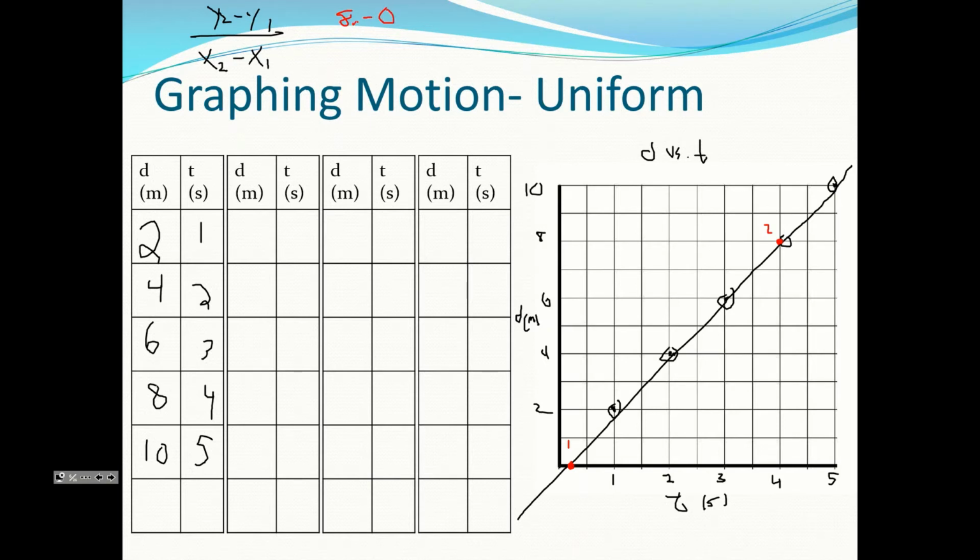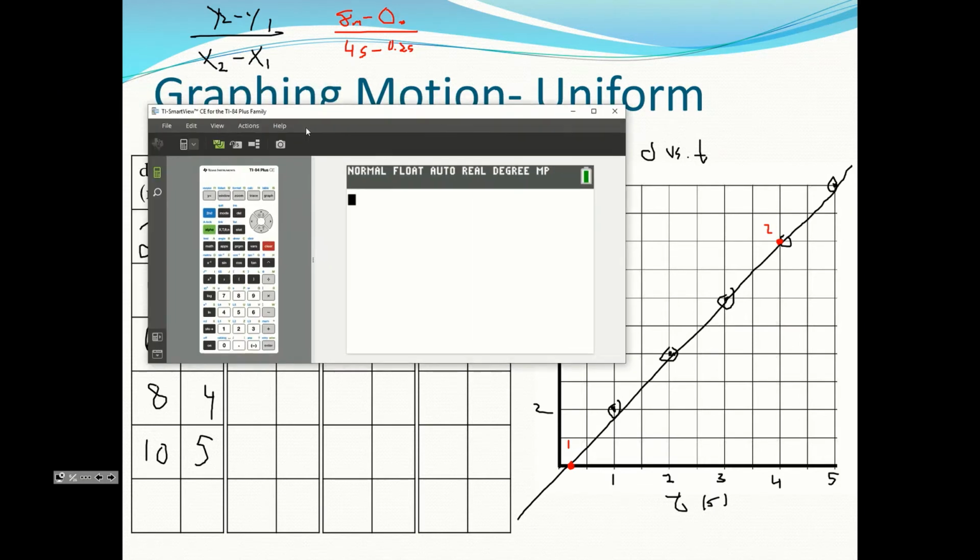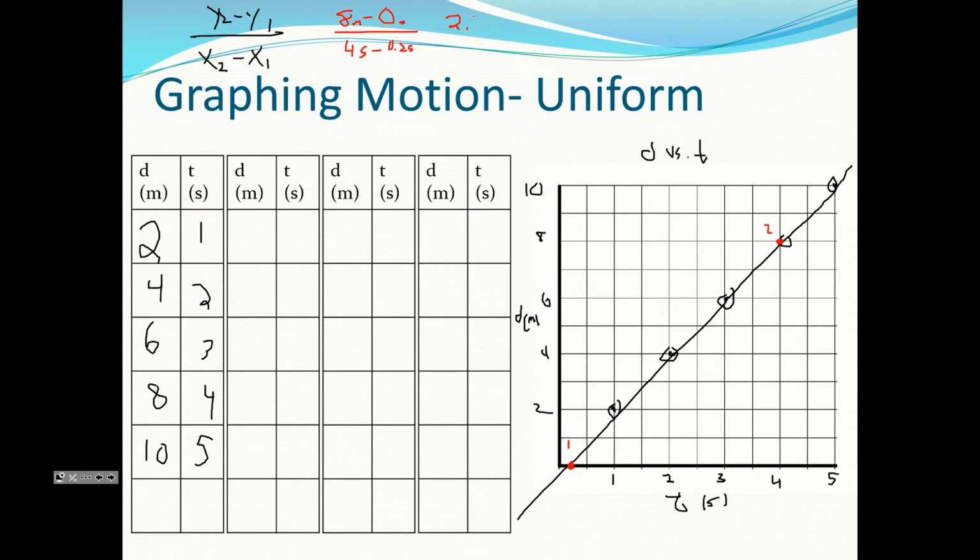And we should put our units in there. Meters and meters, and then we're at 4 seconds here, and then here I'd say, so this is half, I'd say about 0.2 seconds. Then if we calculate that, we just go 8 minus 0 divided by 4 minus 0.2. And we get about 2.1 meters per second.